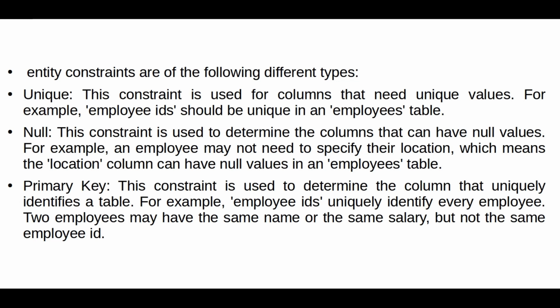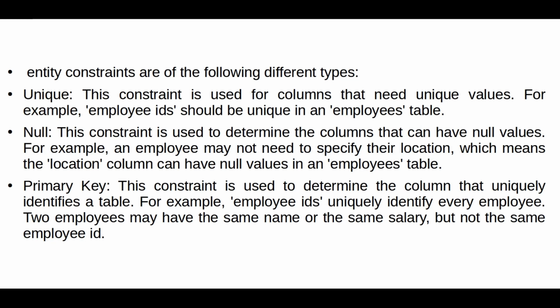It should be unique. So what does the uniqueness constraint say? This constraint is used for columns that need unique values. For example, employee ID should be unique in the employee table. Employee name can be repeated, but the employee ID for any particular employee is always unique. So that particular constraint is a uniqueness constraint as far as this table is concerned.